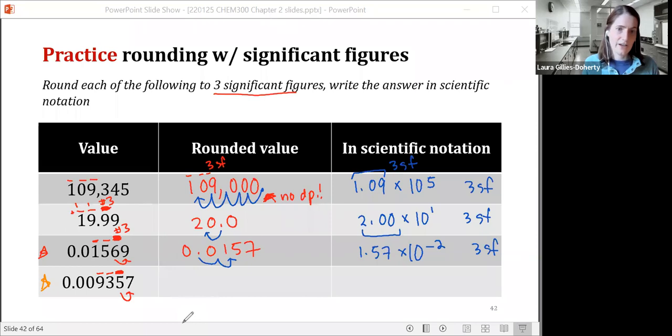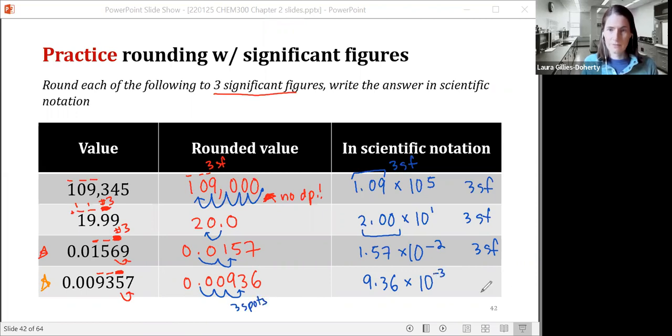So we're going to round that 5 up to a 6. 0.00936. And if we wanted to put that in scientific notation, move the decimal point over, you get 9.36 times 10, and we move 3 spots. So times 10 to the -3. And we can see there's 1, 2, 3 sig figs in that scientific notation.